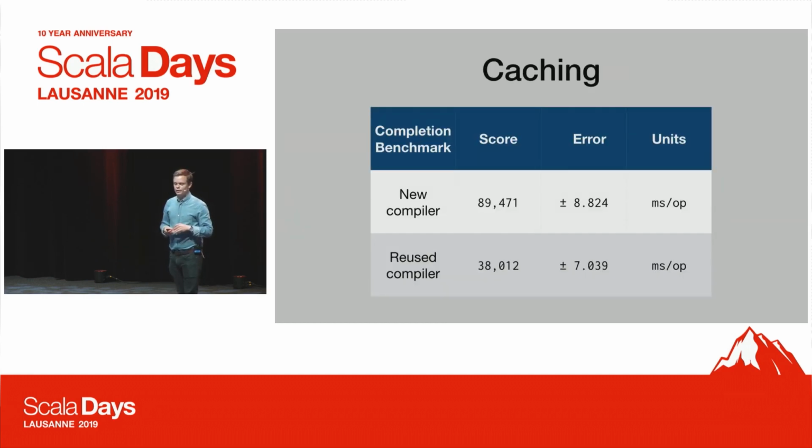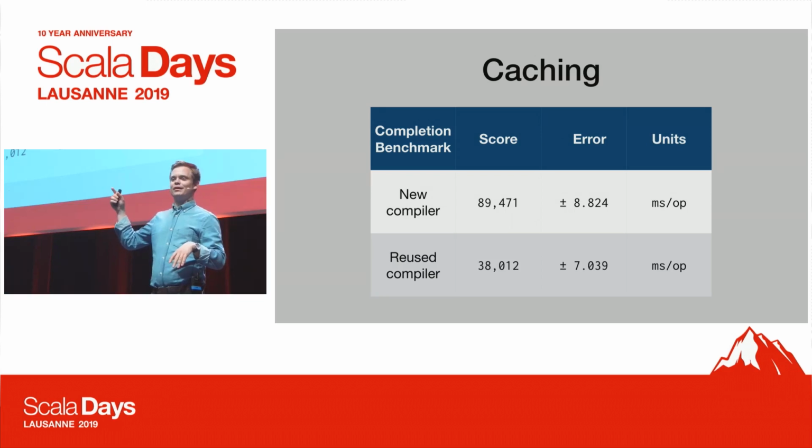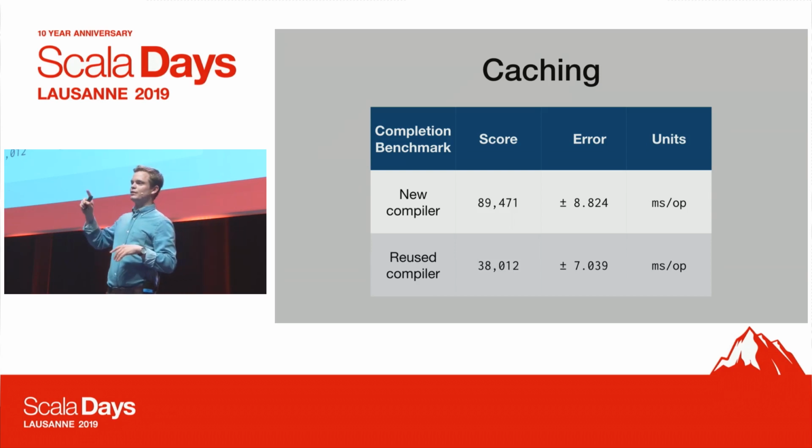So here's a benchmark doing, it's actually a 6,000 line file, but doing completions on a member where you do dot. The first line is essentially, we just did a new presentation compiler and we just gave it the full class path from 0.